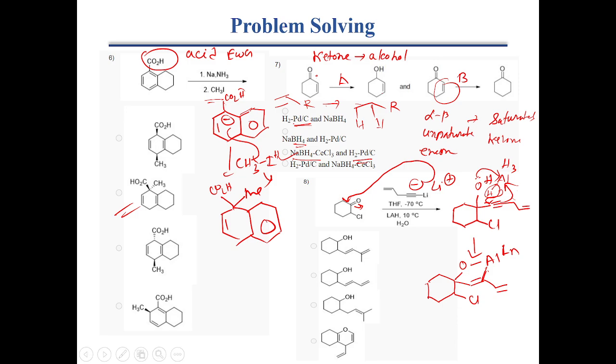So this ring will form. Now there is a possibility of a pinacol type of rearrangement. This will go, and this bond will break, react here, and leave the chloride.